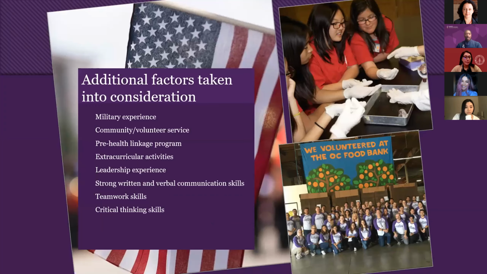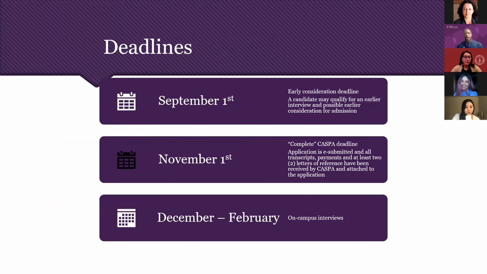I'll just go over the deadlines real quick. We have a priority deadline of September 1st, and then a final deadline of November 1st. The priority deadline is helpful because we understand that there are different programs with different starting dates, so you have the opportunity to get an earlier application decision or an earlier interview invite if you apply before September 1st.